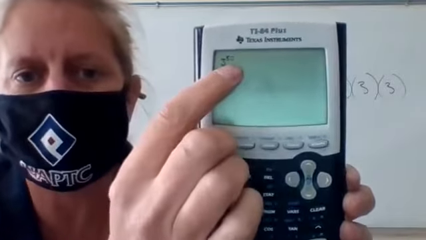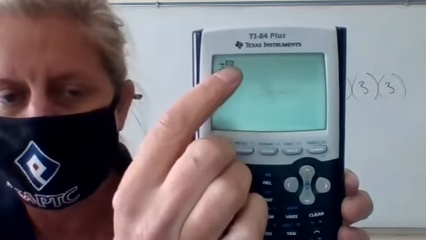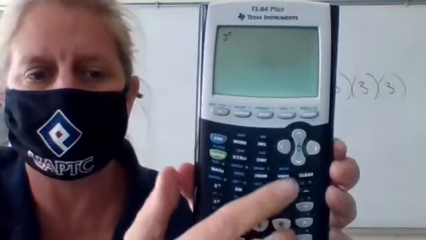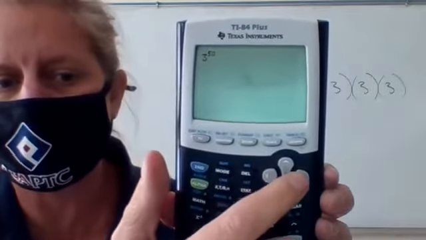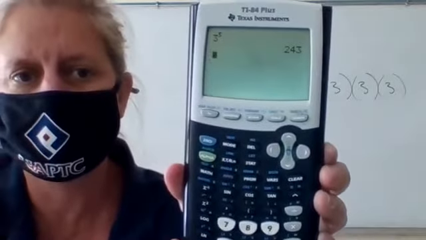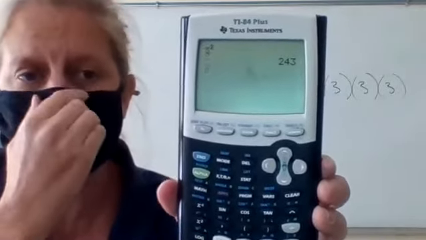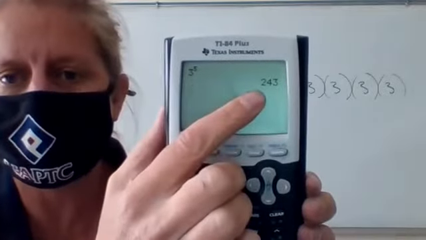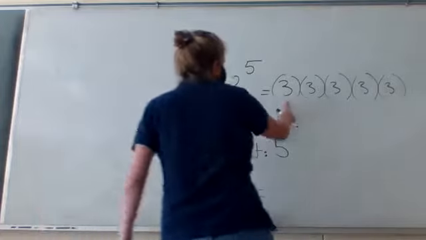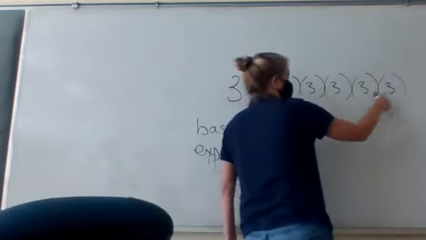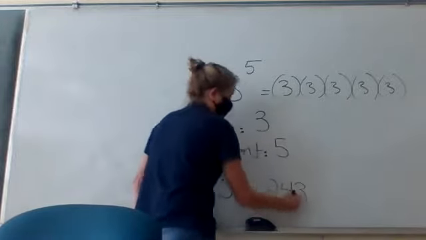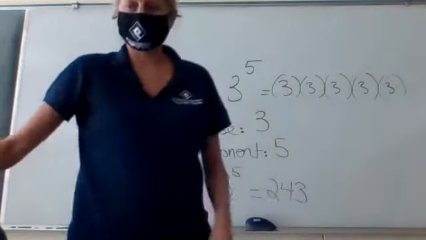Now be careful. You don't want to keep typing up there, because if you do, you're going to keep adding things to that exponent. So to get out of your exponent, just hit the right arrow key. Hit enter. 3 to the 5th power is 243, which is what you get if you multiply 3 times 3 times 3 times 3 times 3.